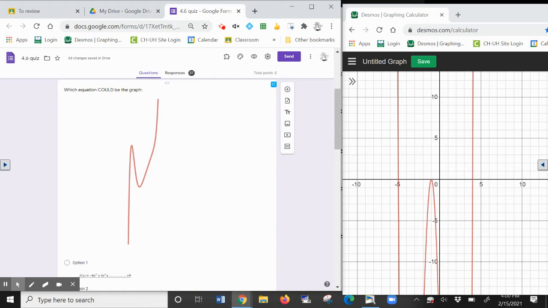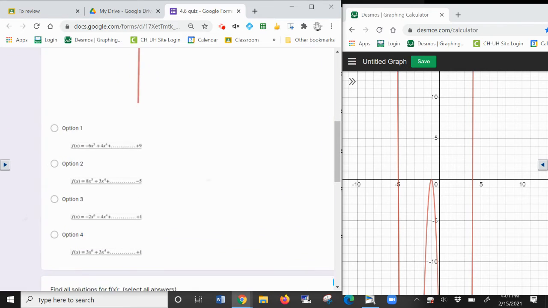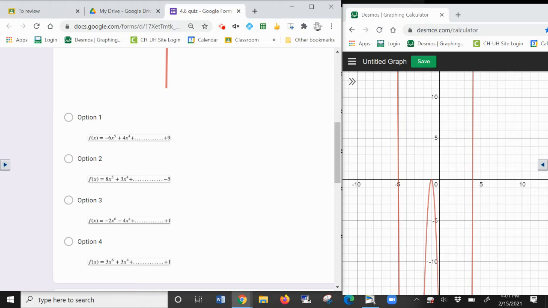Well, this graph is going upwards, which means it's odd positive. The degree is odd, and the leading coefficient is positive. So when we look at the choices, the first one is -6 positive.